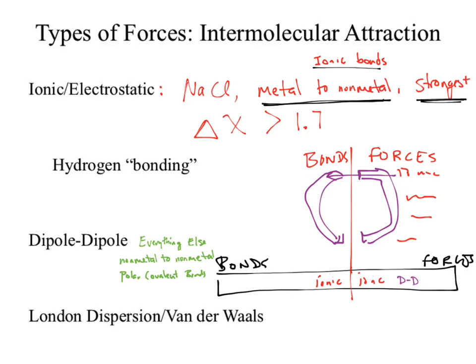So if we go back and look at this, we have a dipole-dipole force. A dipole-dipole force comes from a molecule that has polar covalent bonds, which happen to be stronger than ionic bonds. So it moves to the left.